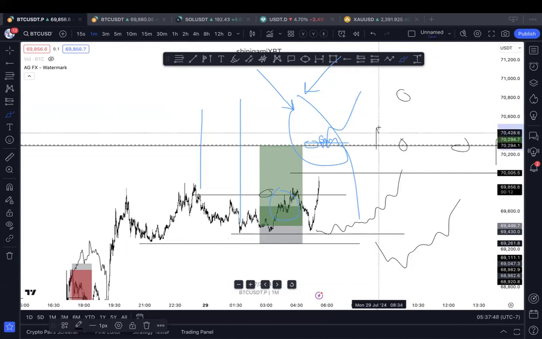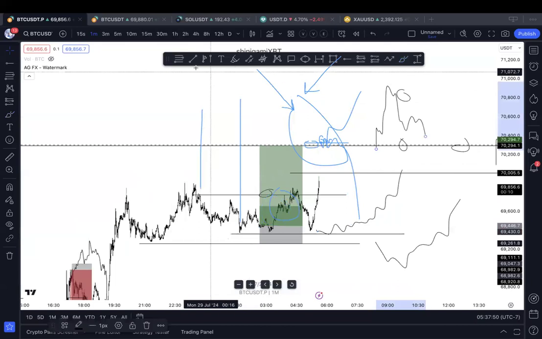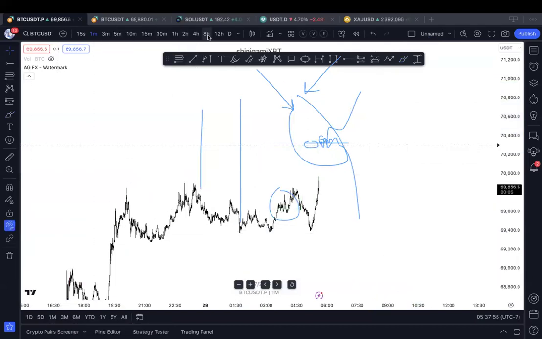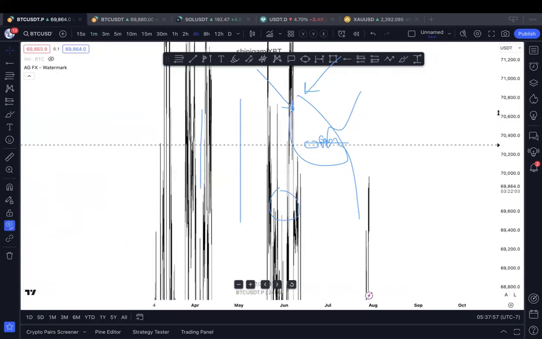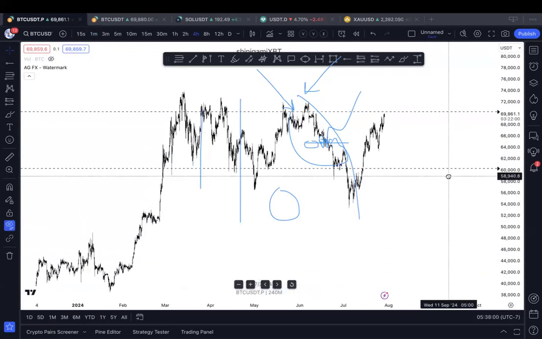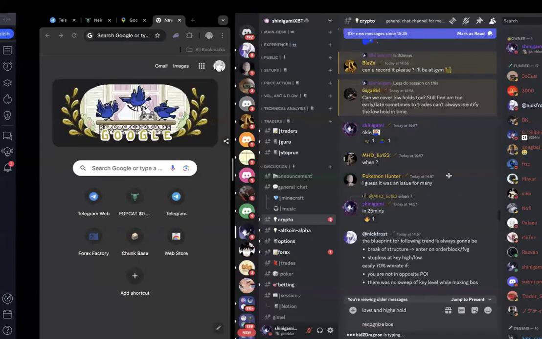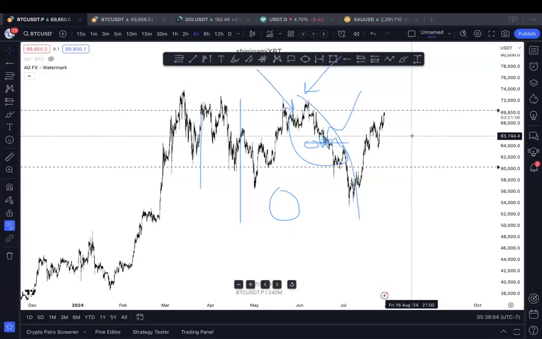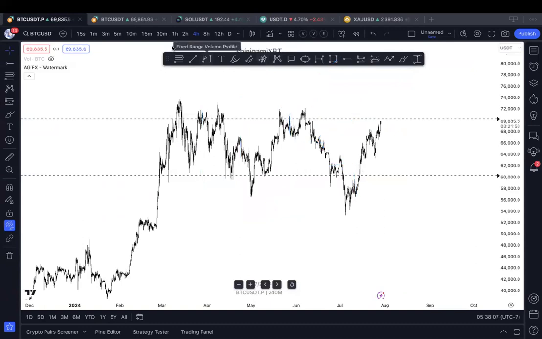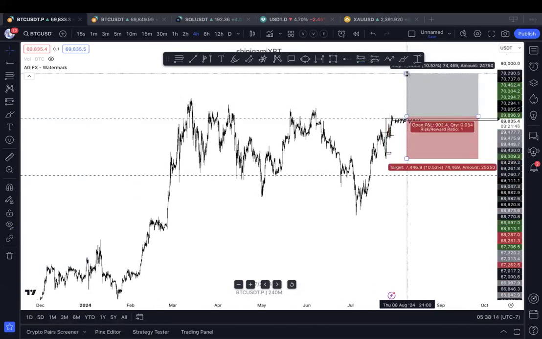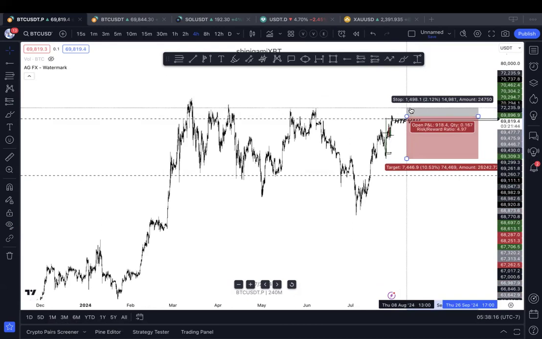So I'm observing for any quick move up, and then let me see if I can go to the higher time frame, the hourly here. Let me delete some of this. And where's the short tool? I'd be interested in shorting after it comes into this zone, 70.2 to 70.8.